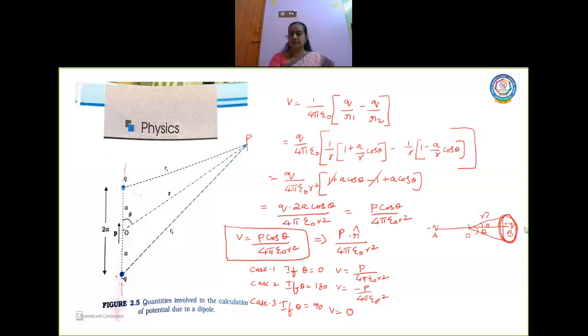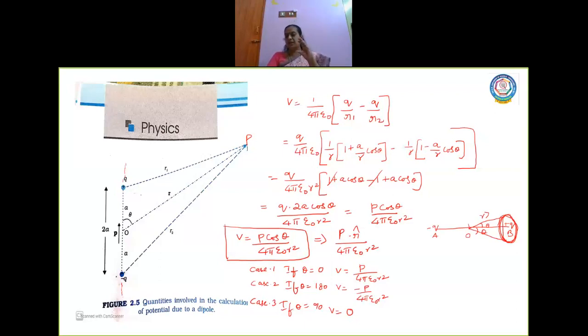So this is what they explain in your textbook. The first point in your textbook after the derivation part, they say that it is axially symmetric about p. That is, when you say that it is axially symmetric, you rotate the position vector r about p keeping the value of theta the same.